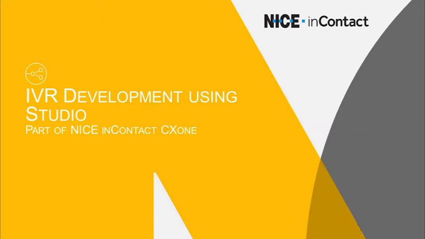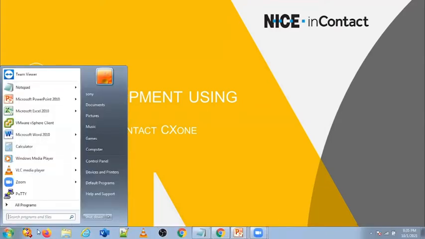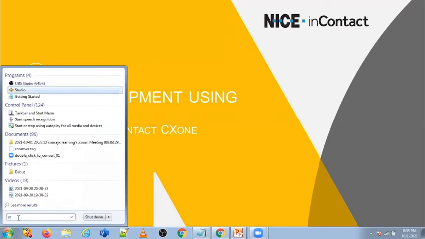Before configuring any call flow, you'll have to download it. You'll have to log in to the InContact platform, and from there, Studio is an application which you download. Once you download it, you run it, and it will show you an icon like this.